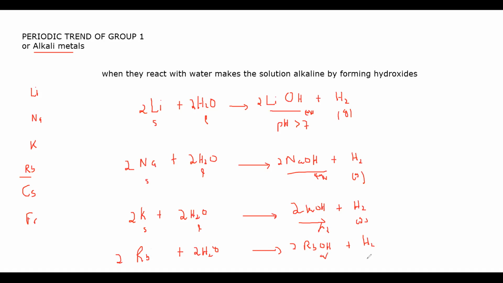So this is aqueous, gas, liquid, and solid. What is the observation when this reaction occurs? You will observe, number 1, the solid dissolves or the solid size decreases. The solid is a metal, so its size decreases, and because the gas is given off, you will observe bubbles or effervescence. Is it clear?